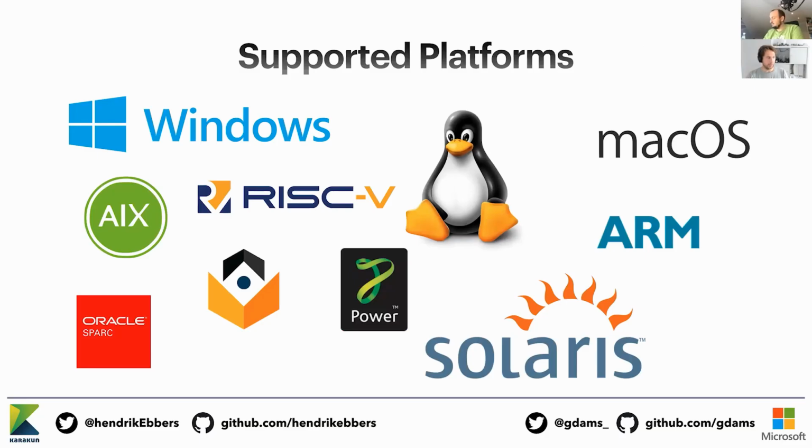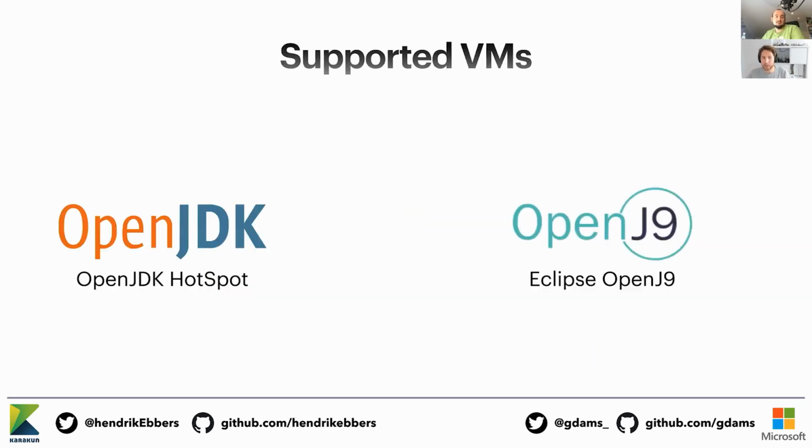Just to quickly go into the supported VMs and supported platforms that we have. As I mentioned earlier, we have a really broad set of supported platforms. Things like Windows, Linux, Mac, the common ones, but we also do builds for things like Oracle Solaris, SPARC, and Solaris on Intel. We do mainframe builds for a whole set of things, so Power and zLinux, AIX.